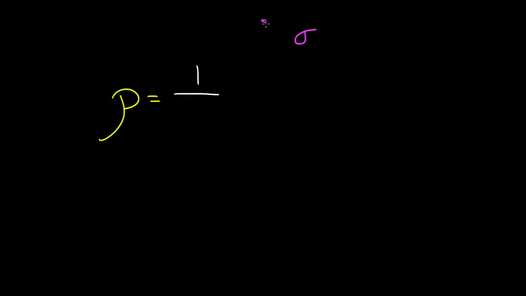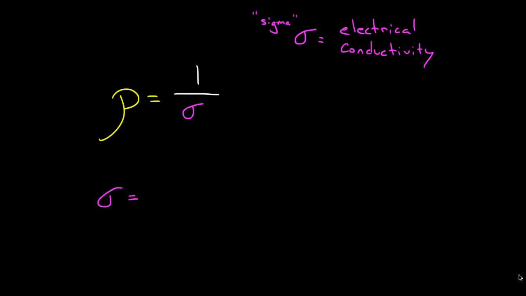So this Greek letter sigma is the electrical conductivity. And rho, the resistivity, is just 1 over sigma, the electrical conductivity. And vice versa, sigma is just going to equal 1 over the resistivity, because if something's a great resistor, it's a bad conductor. And if something's a great conductor, it's a bad resistor. So these things are inversely proportional. They're like two peas in a pod. If you know one of these, you know the other.